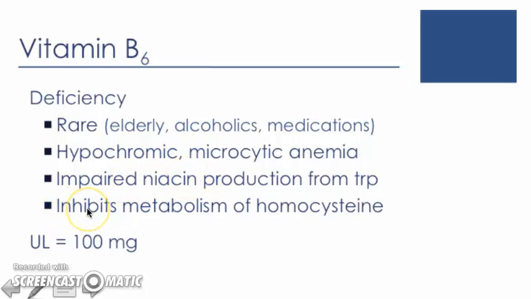Also, we see that vitamin B6 deficiency inhibits the metabolism of homocysteine. The tolerable upper intake level for vitamin B6 is 100 milligrams per day, so that's going to be significantly higher than the RDA, which is about 1 milligram. So the UL we see here is 100 milligrams per day.